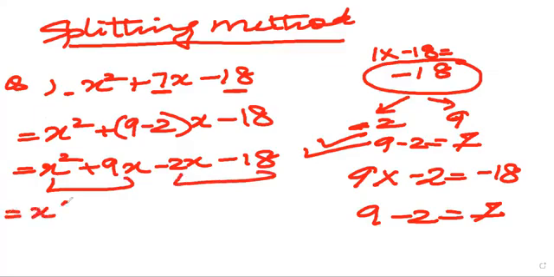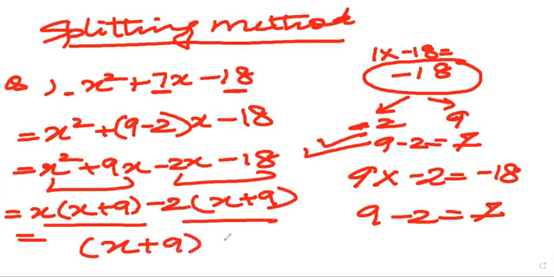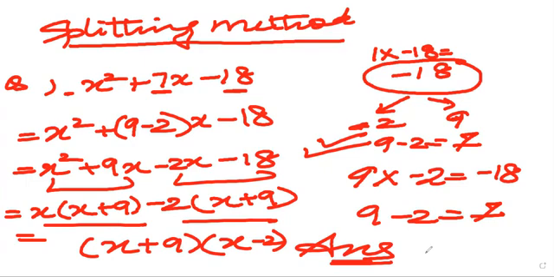You will get x as common. It will become x plus 9. And here it is minus 2, x plus 9. Fine. So now again, there is something common. x plus 9 is common. So next will remain x minus 2. Okay. So children, this is the factorization by using splitting the middle term.